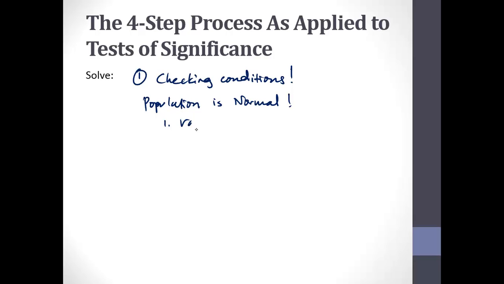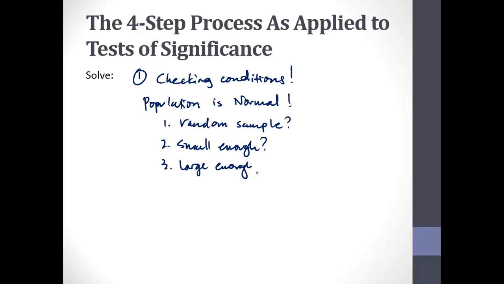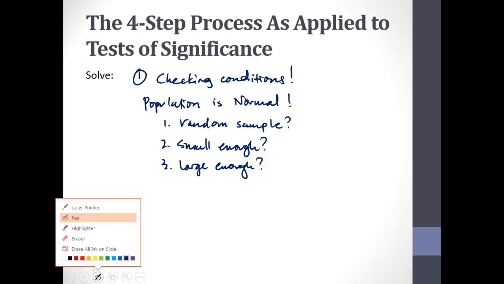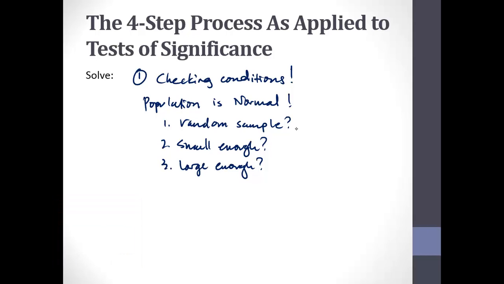So first of all, do we have a random sample? Do we have a small enough sample? And is it large enough? Thinking about whether we have a random sample in this example, well, that's the usual answer, yes. It's stated in the problem.